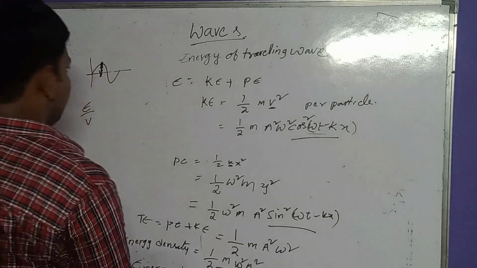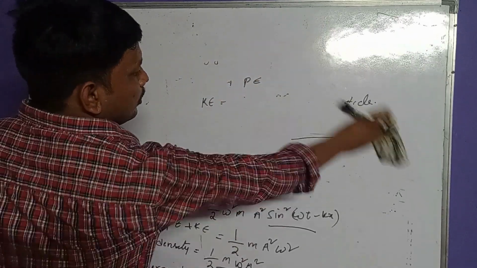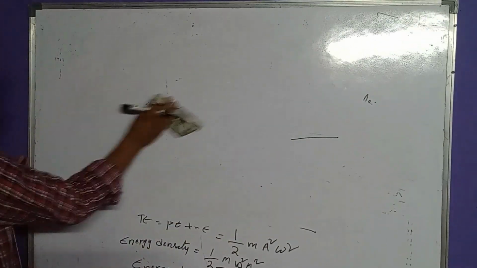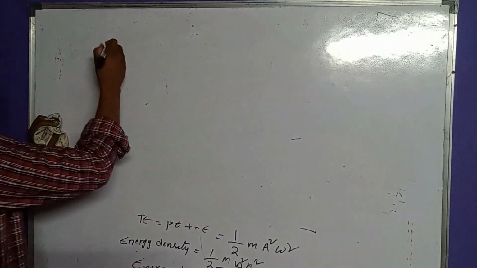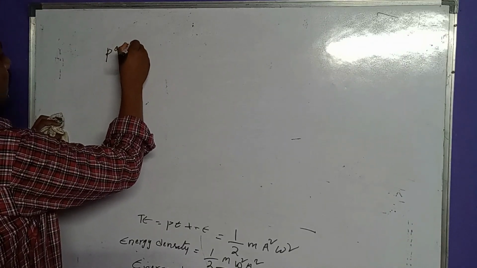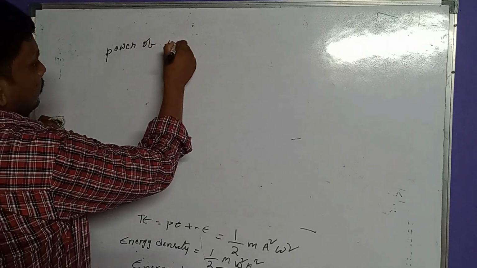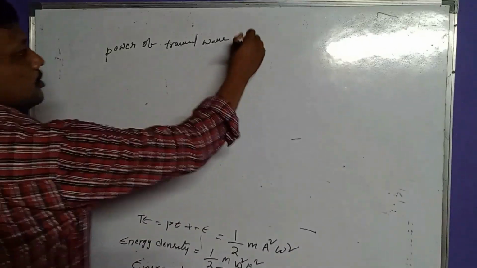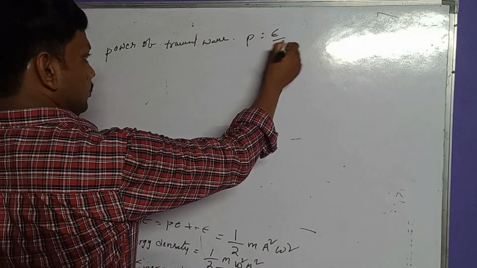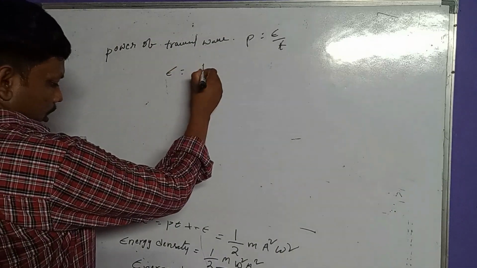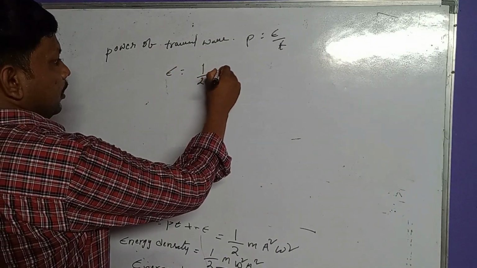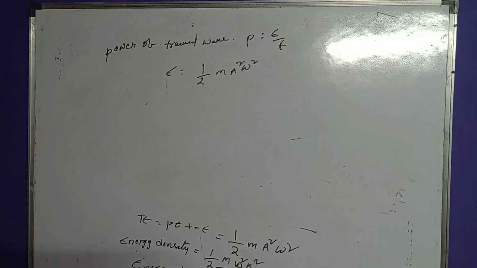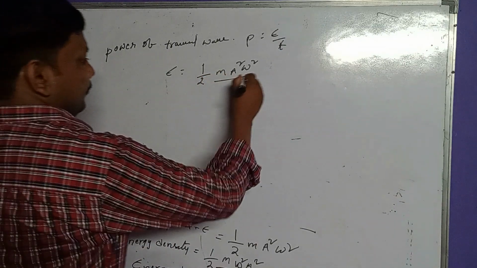Next our topic is power of the traveling wave. Power is equal to energy by time, right? The energy is half m a square omega square, by time.